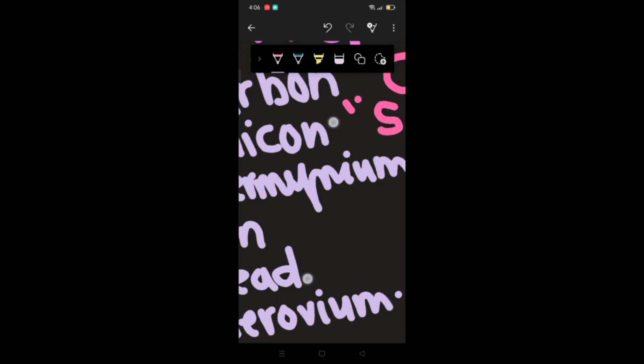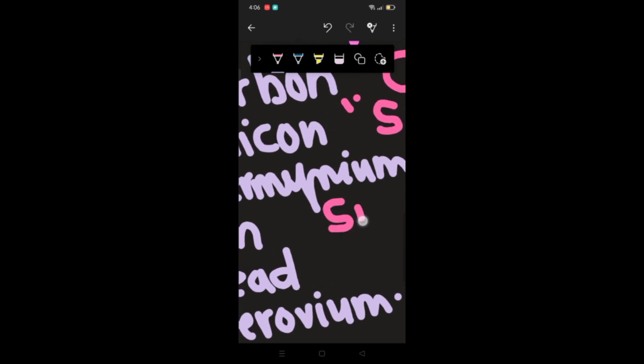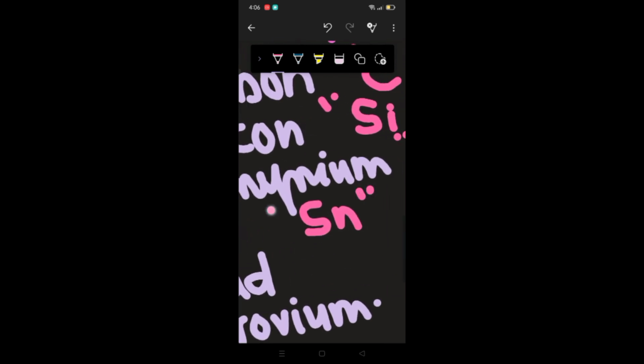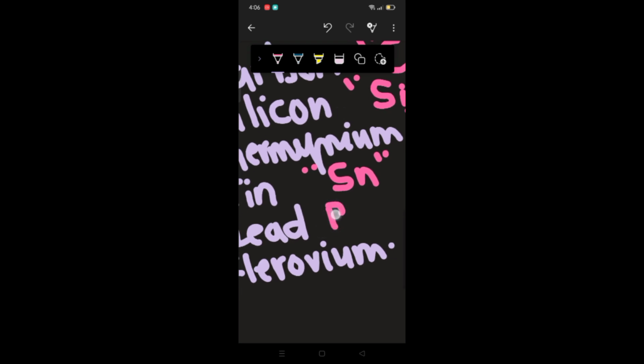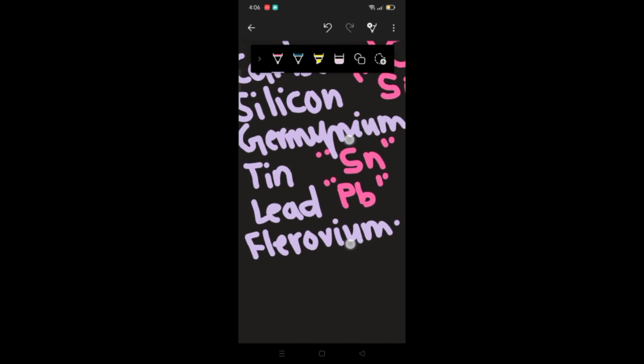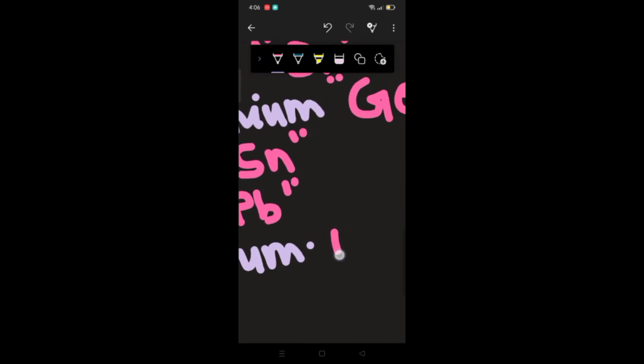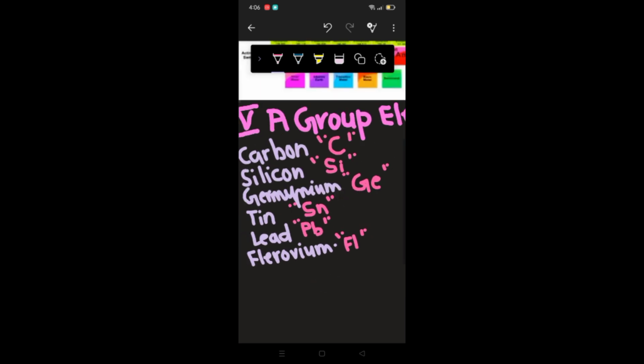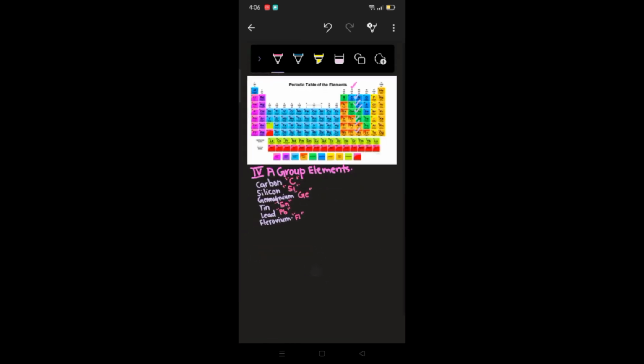Then tin is represented with capital S and small n. Then lead is represented with capital P and small b. Then flerovium is represented with capital F and small l. So these are the symbols of these elements.